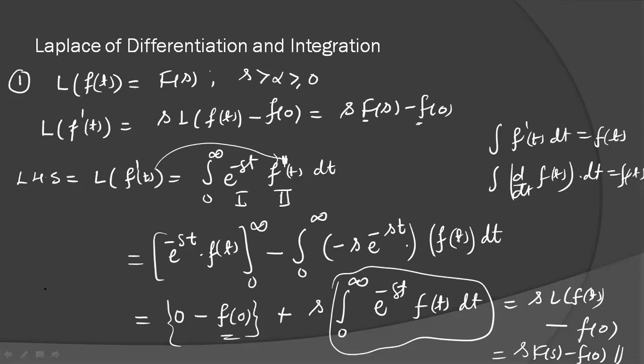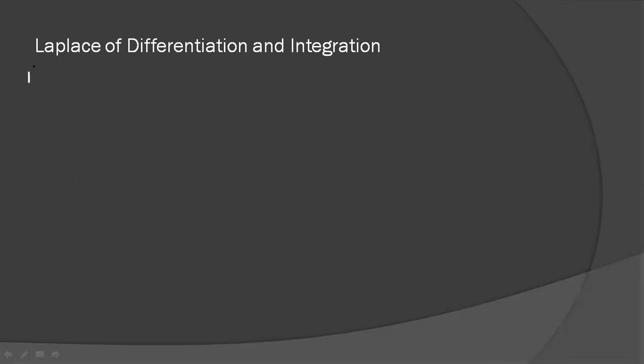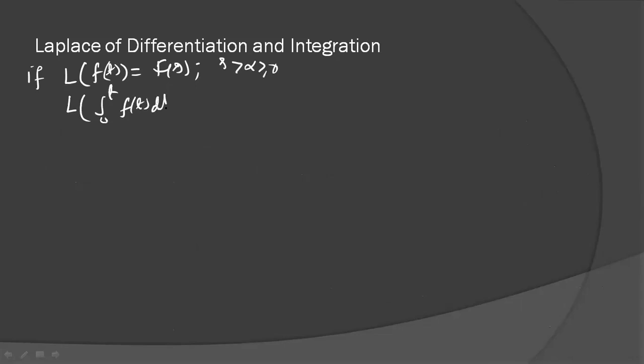Now let's see the proof of the integration case. If the Laplace of f(t) is capital F(s), as I proved in the previous case, then the Laplace of the integral from 0 to t of f(t) dt is F(s) over s. So what is the proof? Let's see. s is greater than 0.